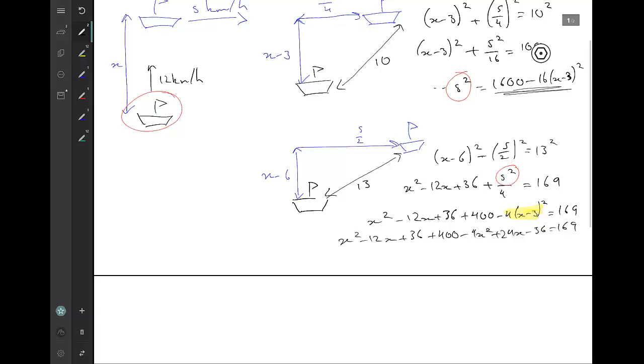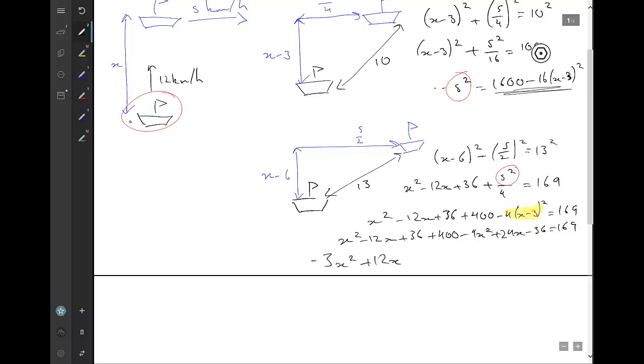Okay, so then if we put all of that together, we finish with negative 3x squared. The x's we get minus 12x plus 24x, so plus 12x.